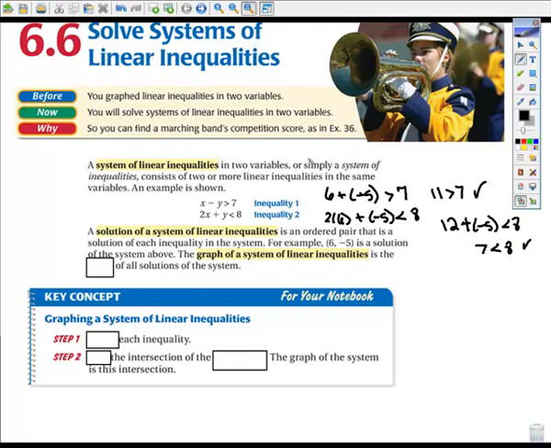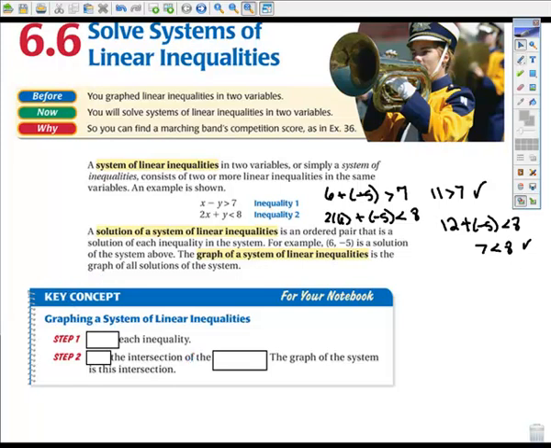So the thing about inequalities, though, is there are many solutions. So it's not just a single solution. This is an example of one solution. So the graph of a system of linear inequalities is the graph of all solutions of the system. So the way that we end up answering the question, what is the solution, is we do it with graphing.